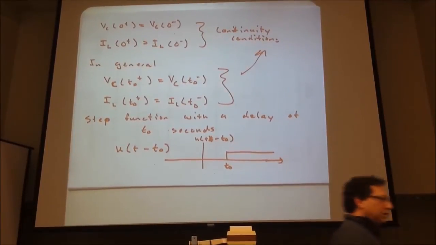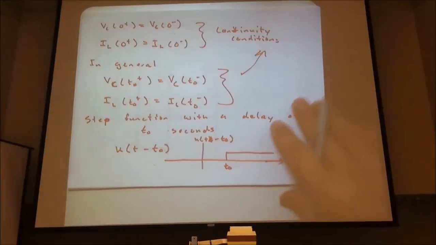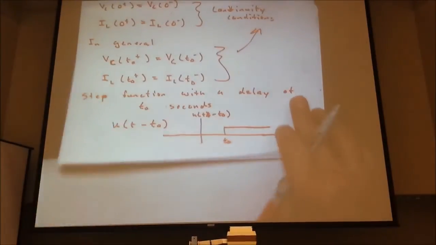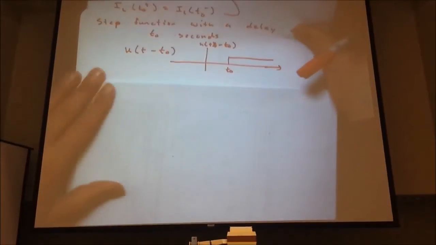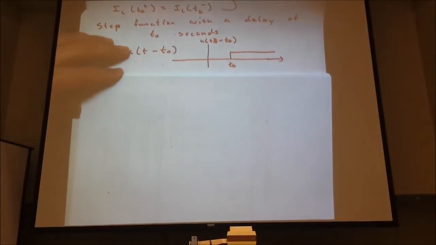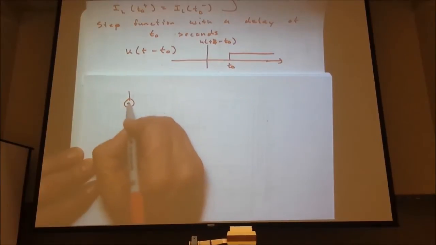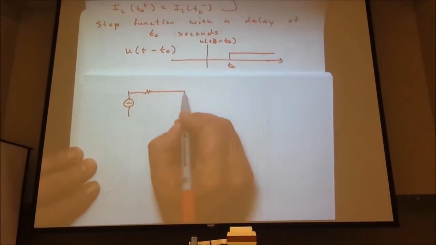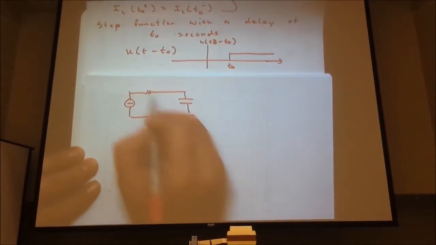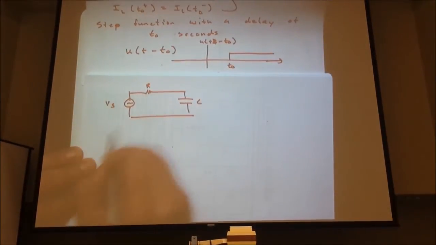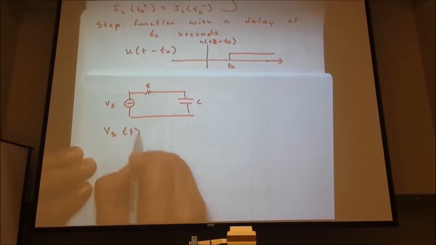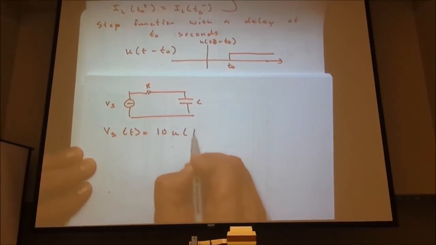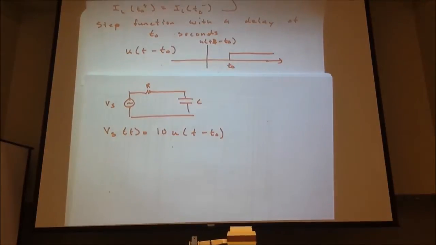What does that mean for us in our representation of circuits? Well, if we look at an RC circuit, and our V source is some 10 u(t - t0), a source that turns on at some arbitrary time t naught after 0, what does our solution look like?